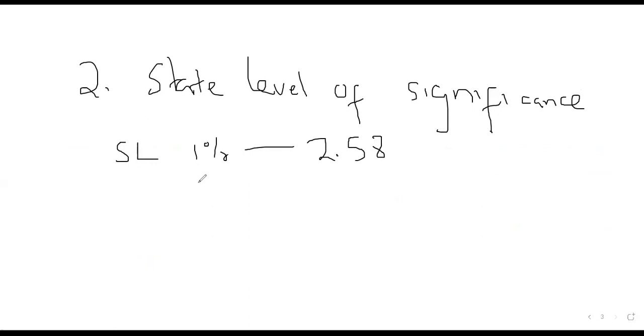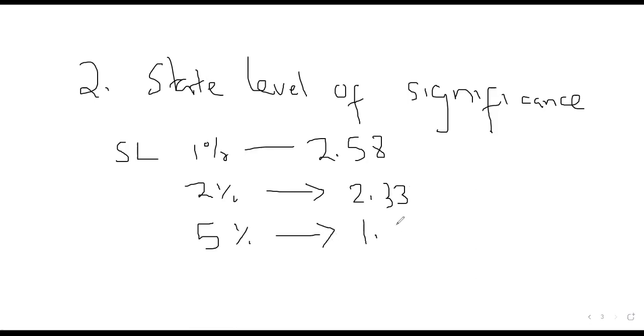We have a 2% level of significance. What is the Z value for 2%? 2.33. We have a 5% level of significance. What is the Z for 5%? 1.96. We have a 10% level of significance. What is our Z? 1.65, or 1.645. So that's the second step.